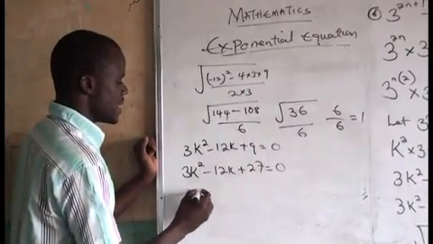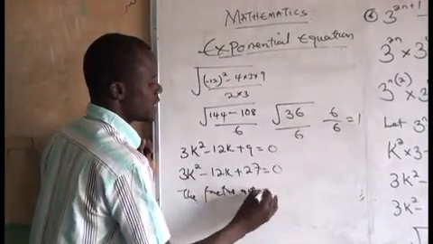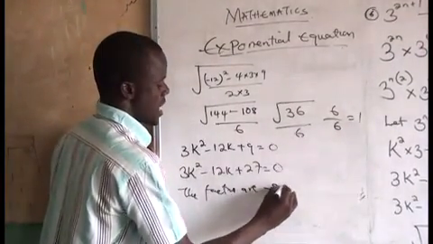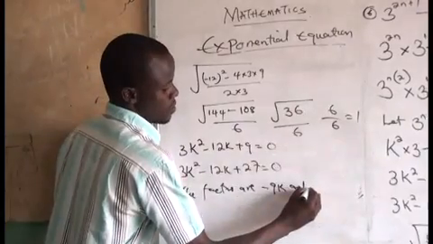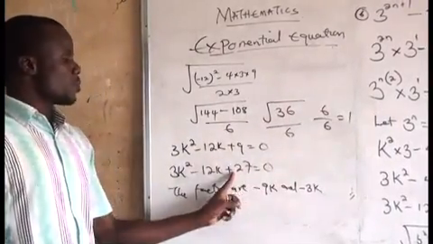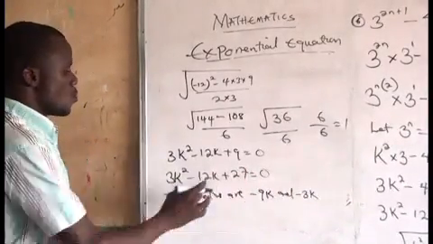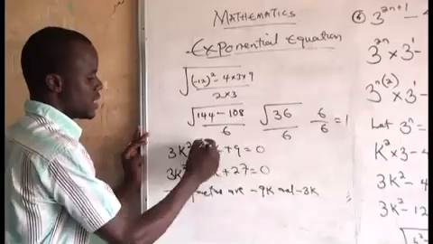So here we can say the factors are minus 9k and minus 3k, because minus times minus will give us plus, 9 times 3 will give us 27. So now we eliminate what is here in the middle.